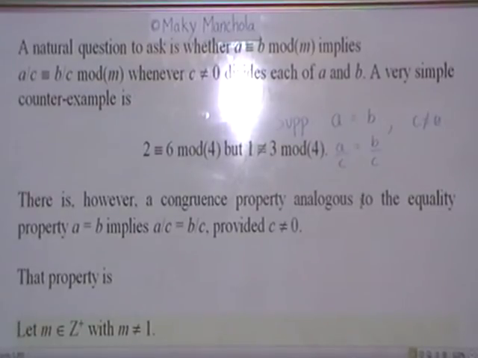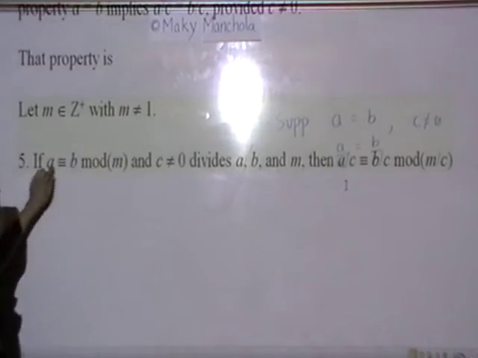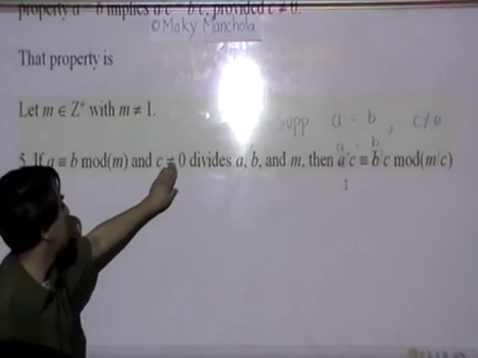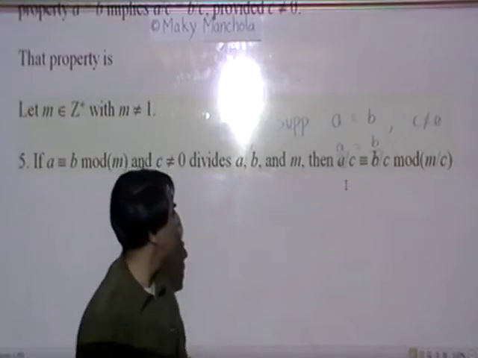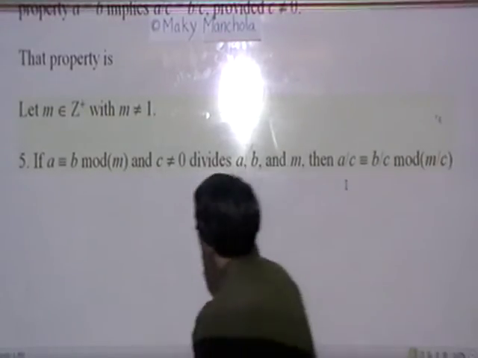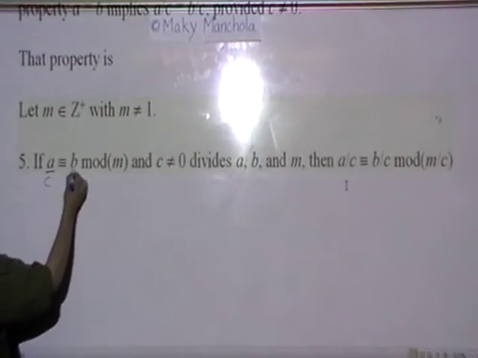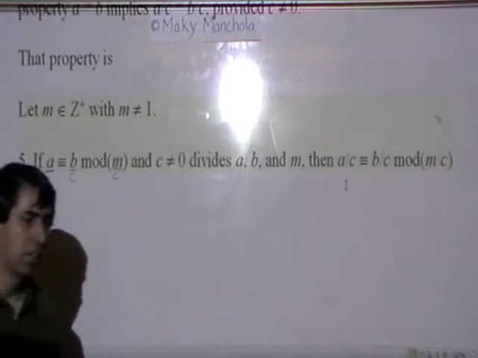Let m be a positive integer with m not equal to 1. If a is congruent to b mod m and c, distinct from 0, divides each of them, a, b, and m, then a over c is congruent to b over c mod m over c. That you do get.